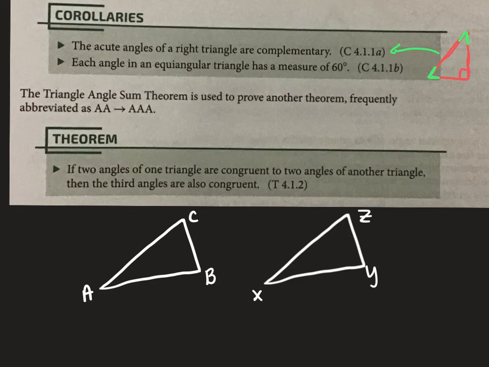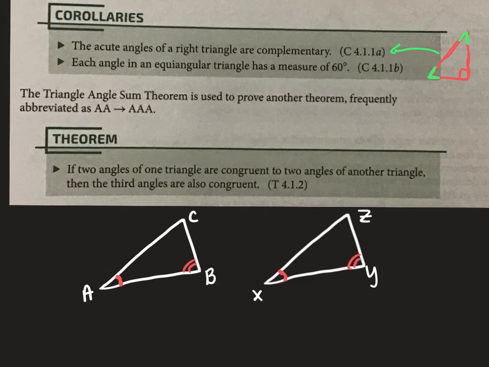Basically, if we know that angle A is congruent to angle X, and we know that angle Y is congruent to angle B, that means that angles C and Z would also have to be congruent to each other.